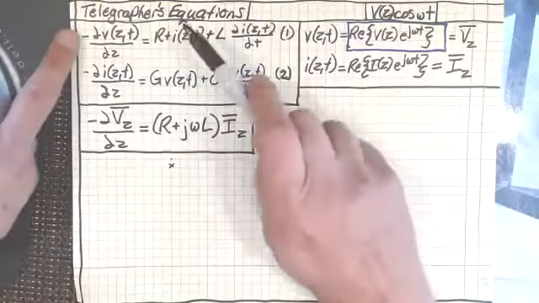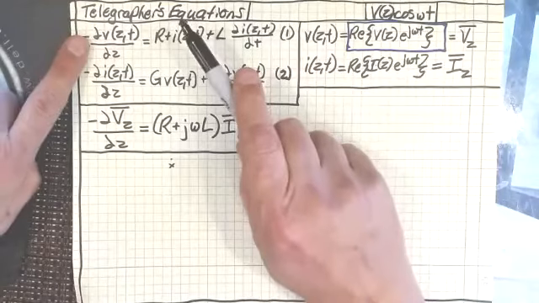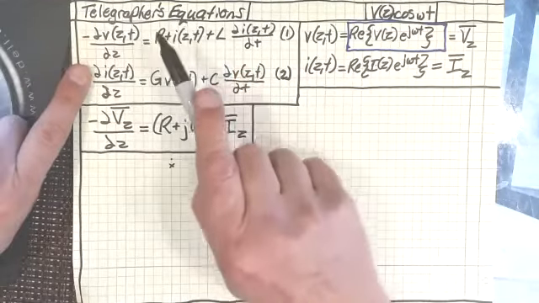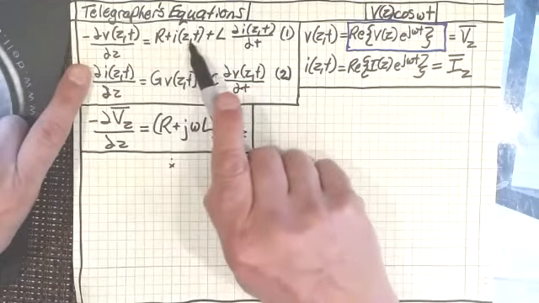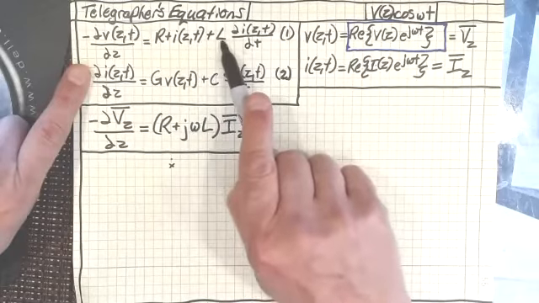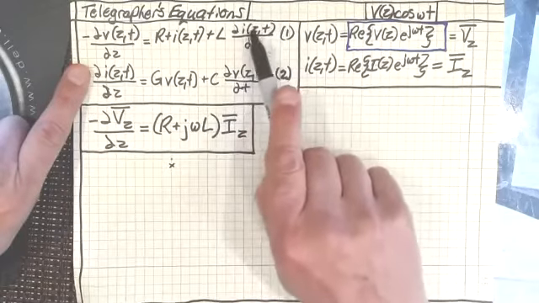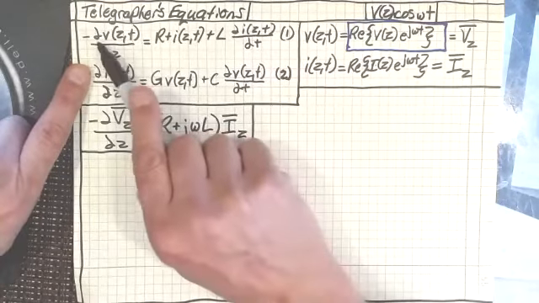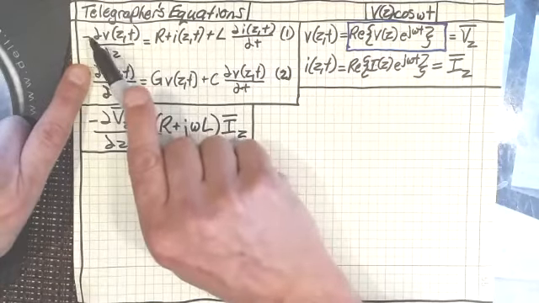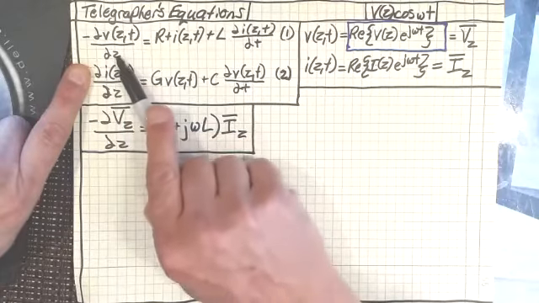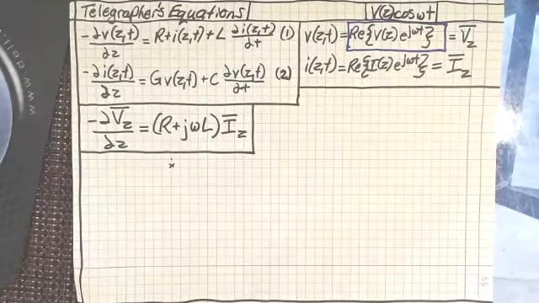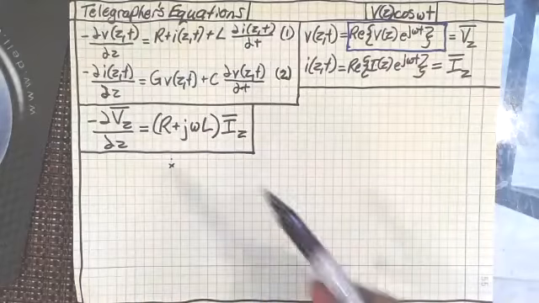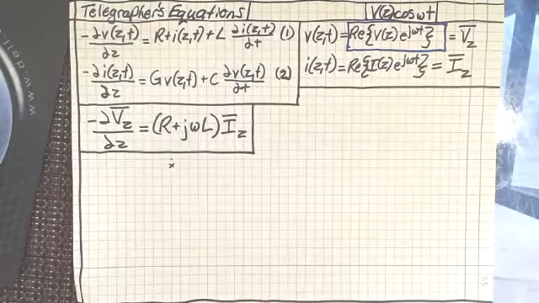Now let's think back on that last lecture where I did R times I of t plus L di as a function of t with respect to t, and that equaled the derivative of v with respect to z, right? Or no, I think it was just the voltage.